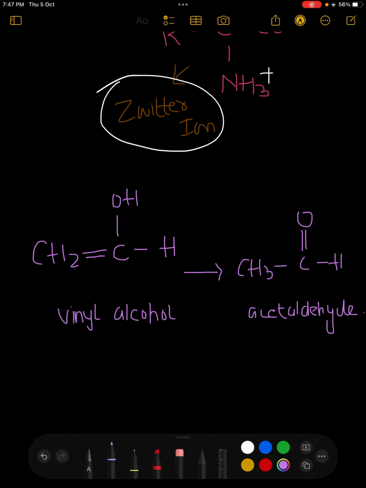As you can see over here, this hydrogen is shifted to this.